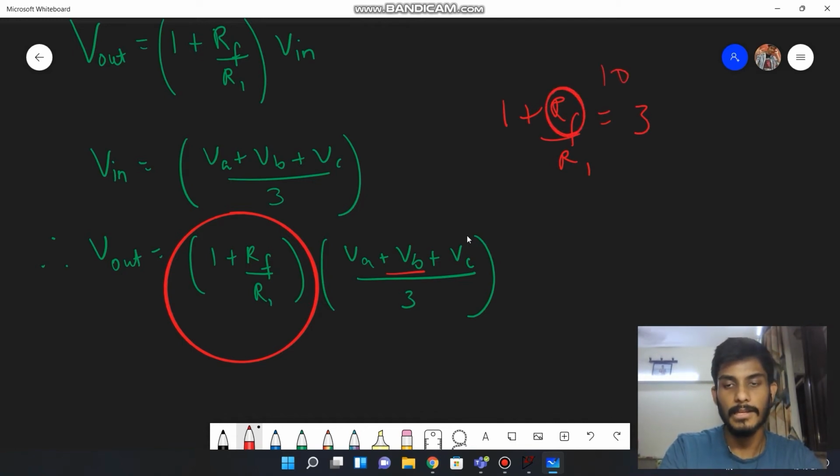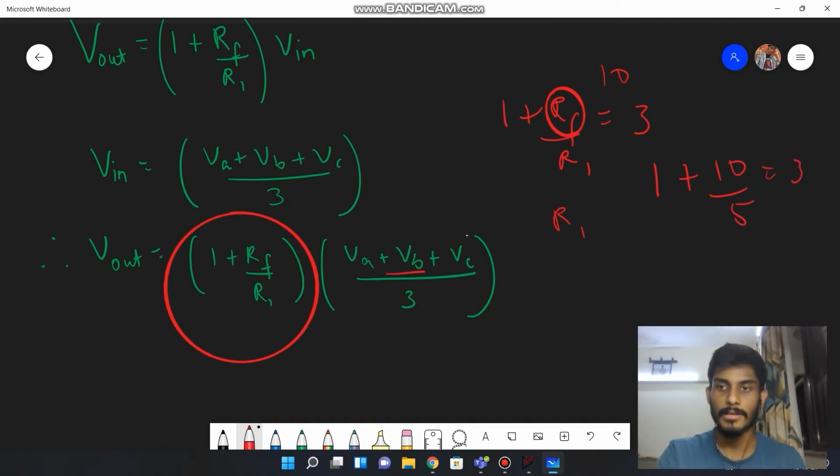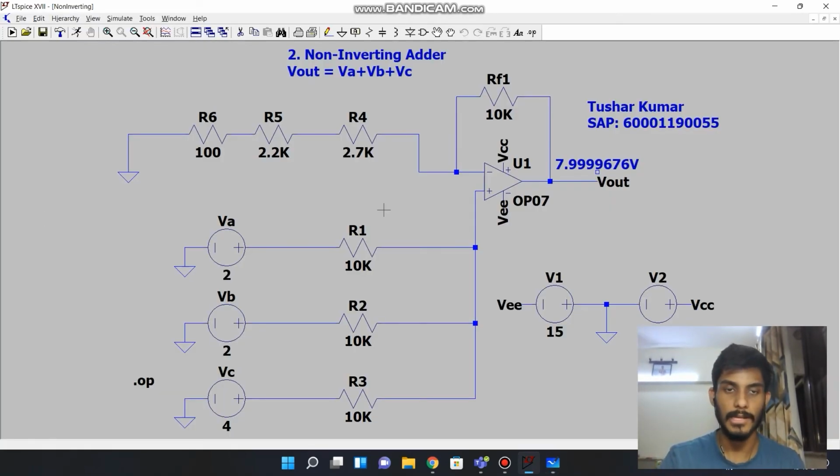Therefore, we can get the value of R1 from it. So we get 1 plus 10 upon 5 is equal to 3. Therefore, we are making the value of R1 as 5 kilo ohms. Here I've split it into standard values, and all the three resistors are in series, so it adds up to 5 kilo ohms. And yes, this is the non-inverting adder.